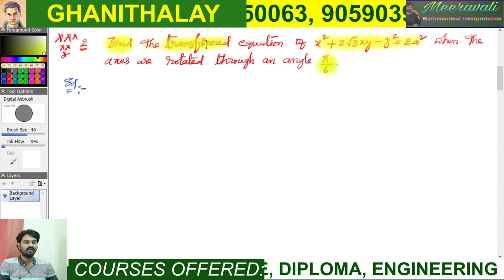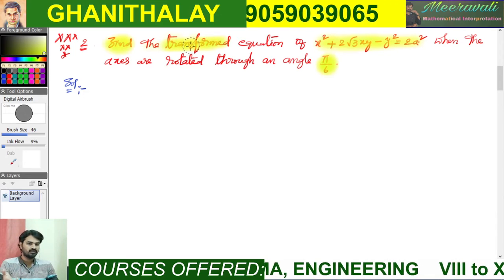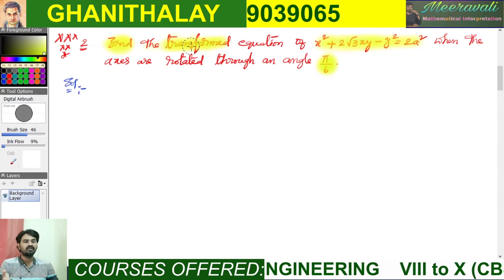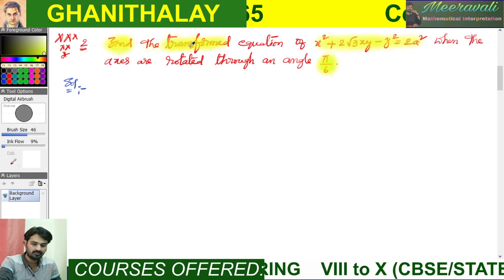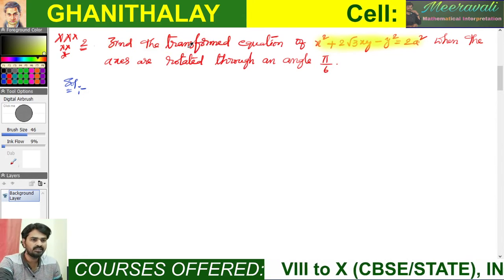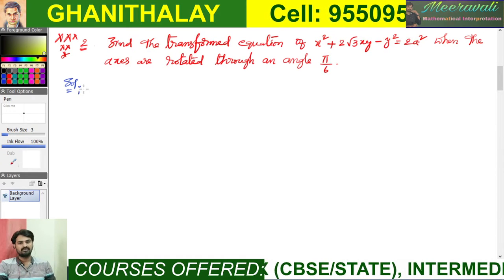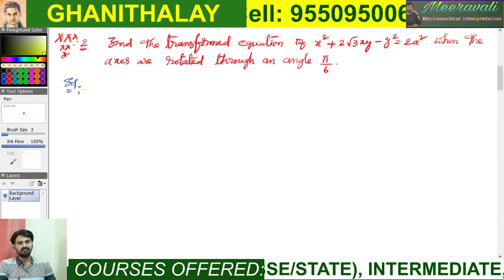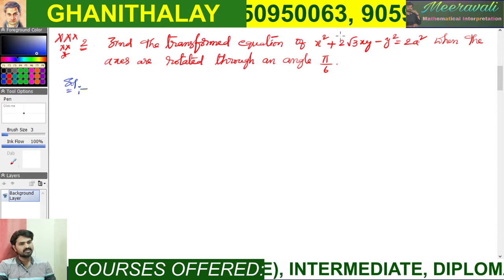Transformed equation means the new system equation. But the given equation here is the equation in the old system. Understand this one? The given equation is the old system equation.